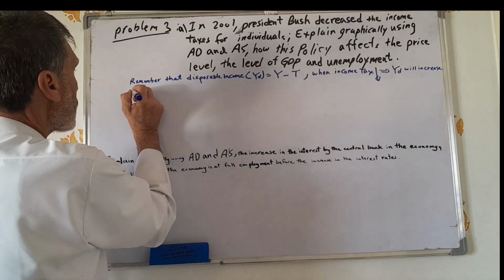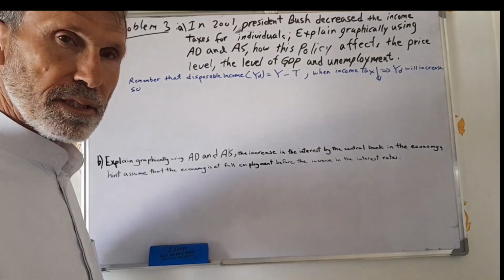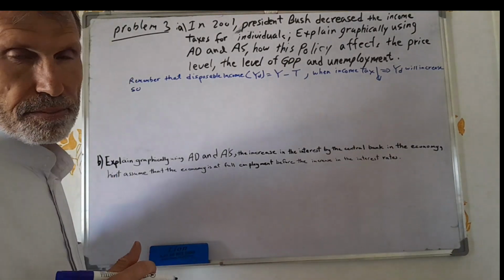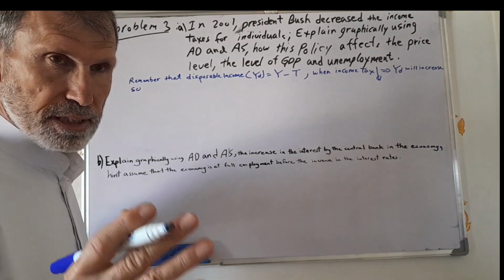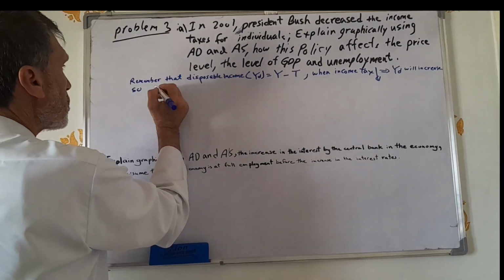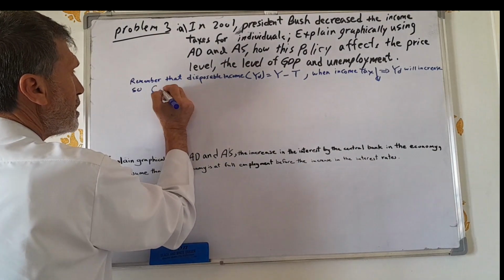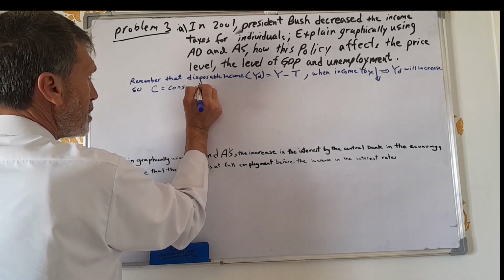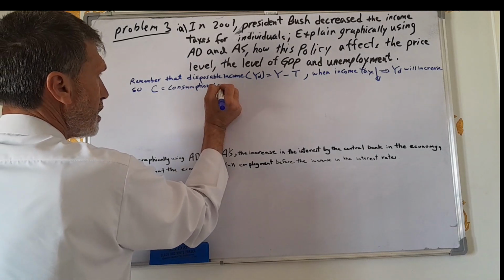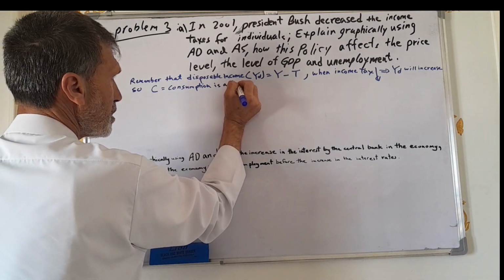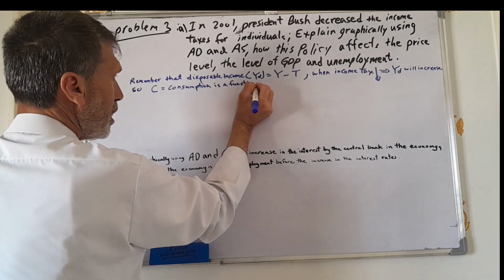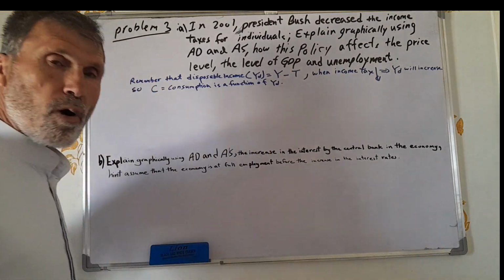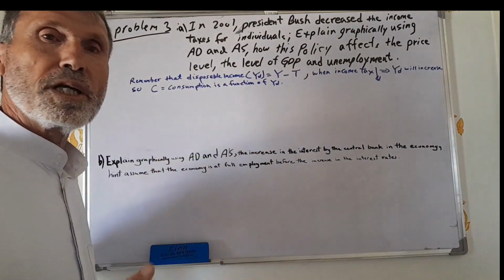So we know that consumption is a function of disposable income. Consumption is a function of YD. And when YD increases, consumption will increase.